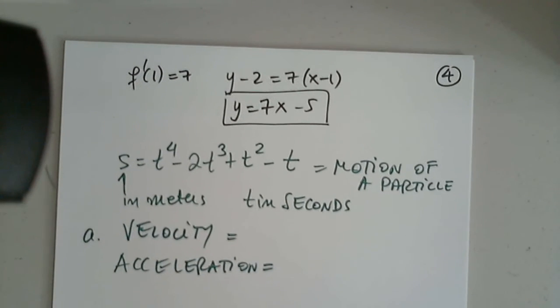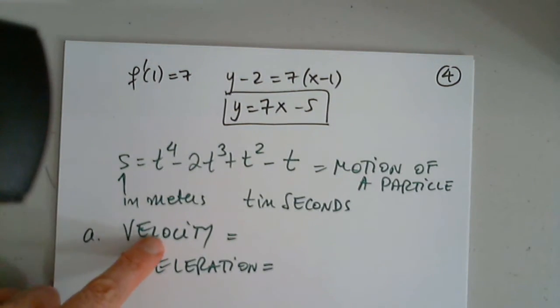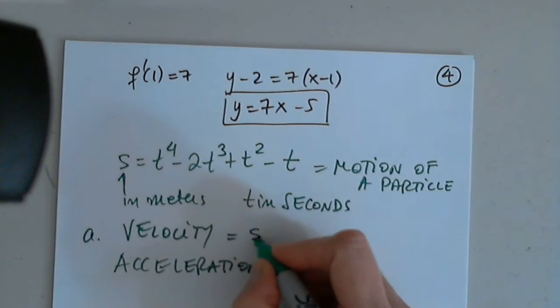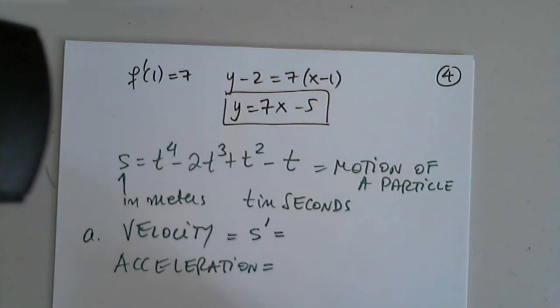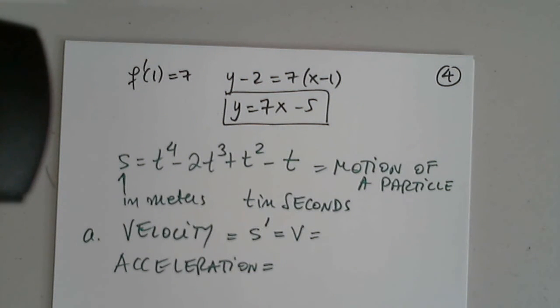What is the connection between the velocity and the distance formula? Velocity is the derivative of s. Very good. So s prime is the velocity. So v or v of t or s prime of t are the same.